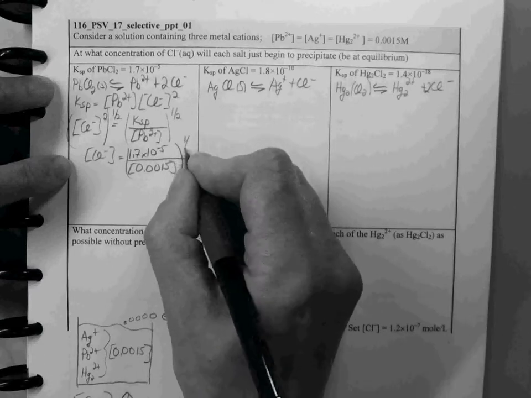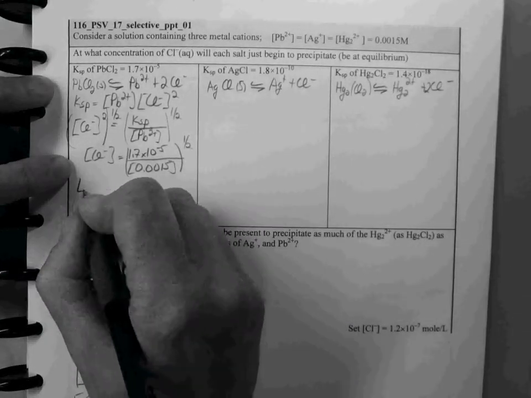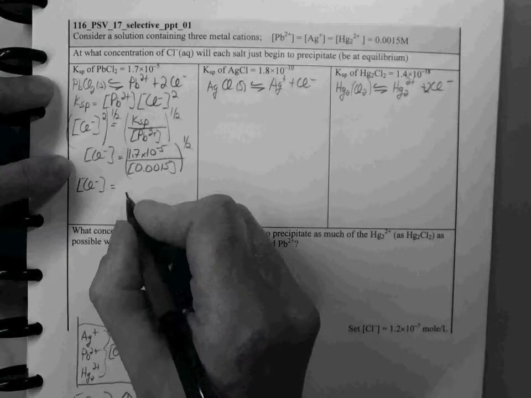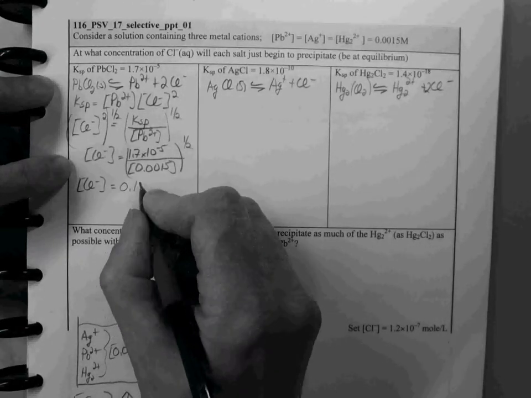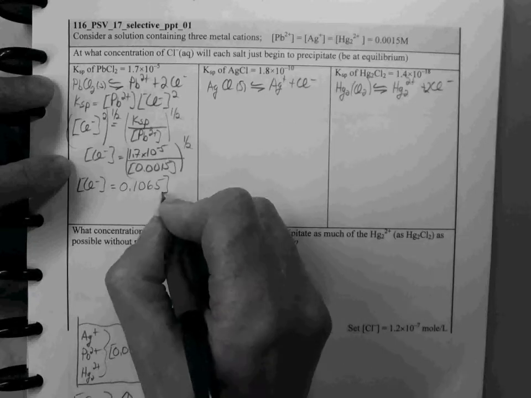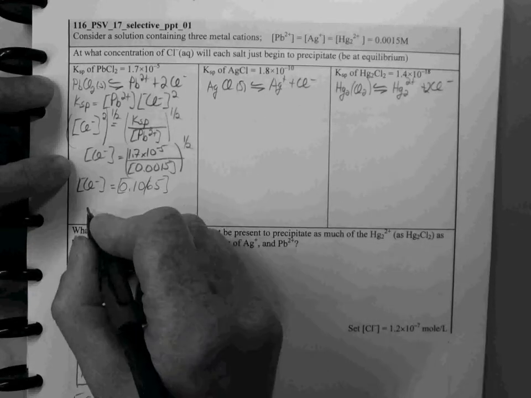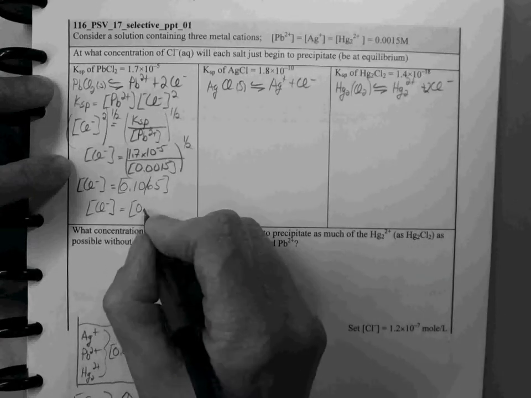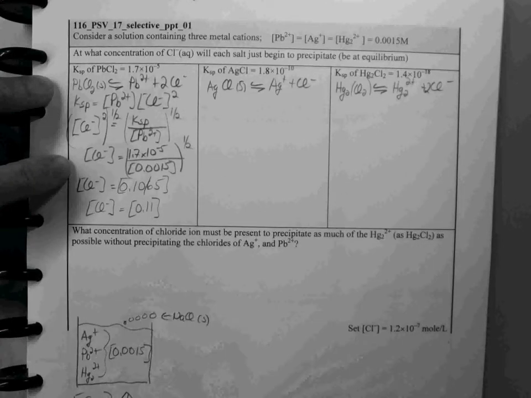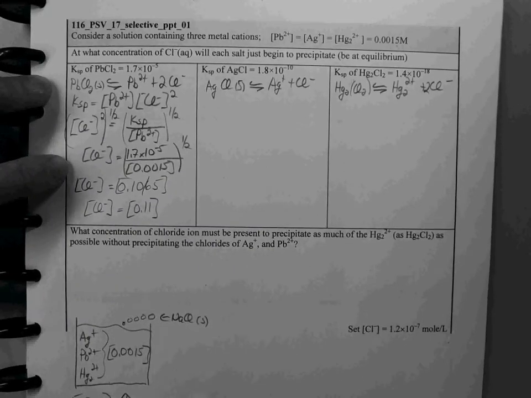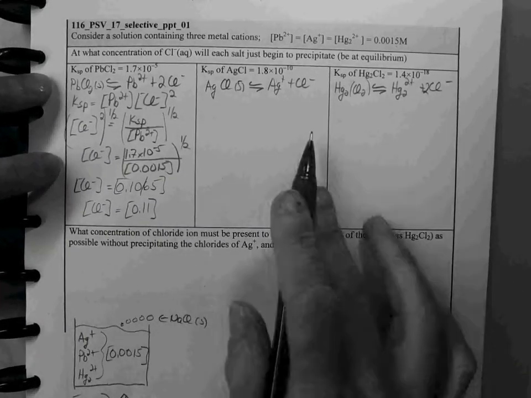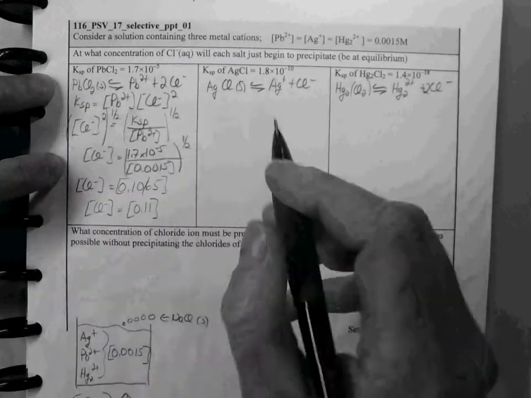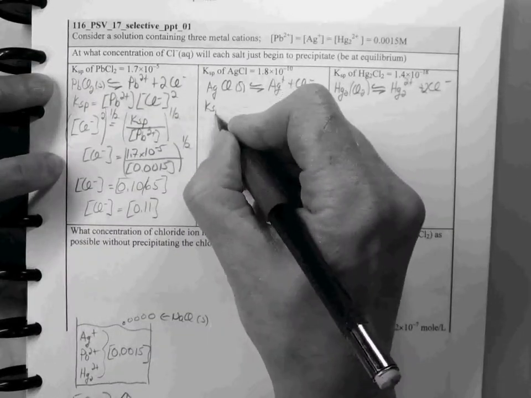And we find the Cl- ion concentration is 0.1065 molar, or with 2 sig figs, we see Cl- has to equal 0.11 for the system to be at equilibrium. And we'll do the same thing for these other two. We're going to solve for the chloride ion in the KSP expression.